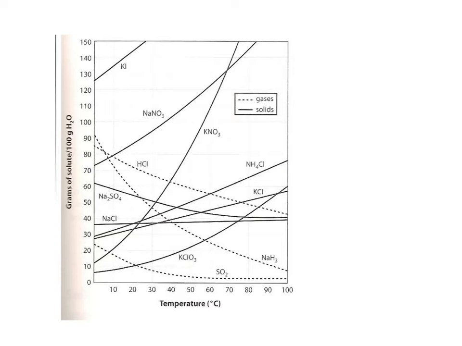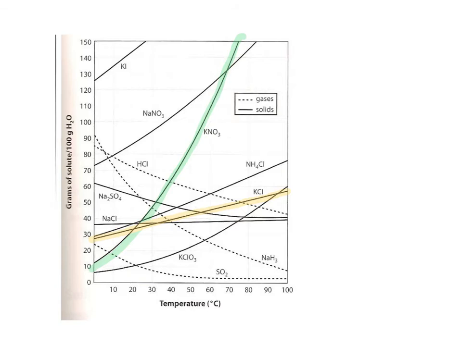All right, potassium nitrate and potassium chloride have equal solubility at this temperature. So let's mark these up on the graph. Here's potassium nitrate, and here is potassium chloride. So the green and the yellow lines cross. Let's make it red.